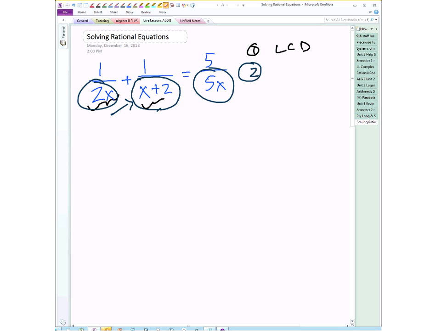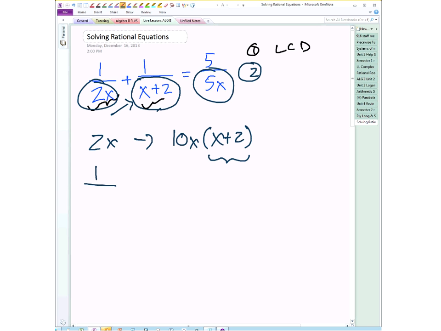We multiply the top and the bottom by that value, but I'm really only looking at the 2x. How do I get this 2x to equal 10x times x plus 2? I'm just going to have to multiply it. If I multiply 2x by 5, that gives me the 10x, and then I multiply it by this binomial here as well.